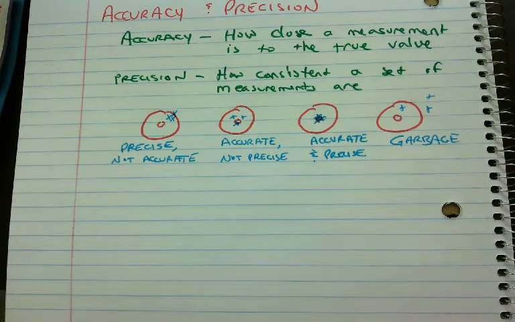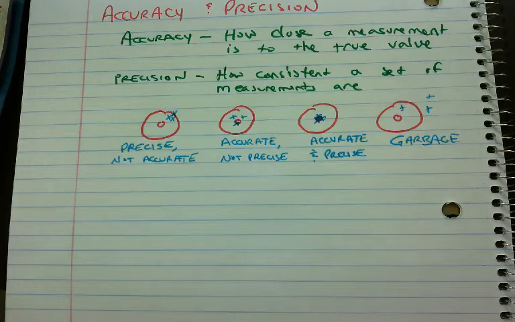Or if I broke it into 1,000 parts, I'd be even more precise, because I could get the same measurement multiple times. But that has nothing to do with the accuracy, right? As long as this is a meter long, it's accurate. But if I don't have as many marks on it, it's not quite as precise. So precision is the ability to be consistent, and accuracy is the ability to be close to the true value.